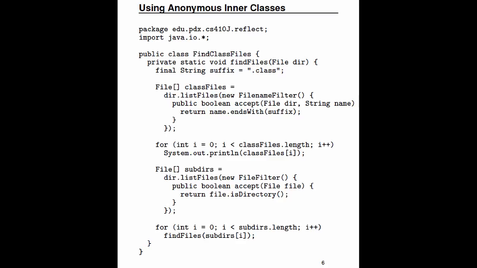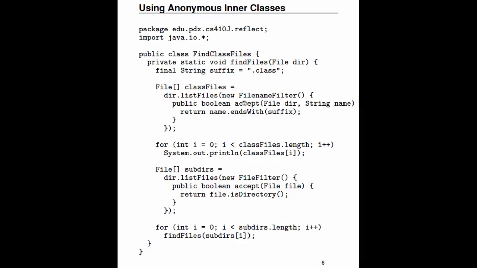So underneath the covers, that's how the suffix is passed in. It's assigned to a field in the anonymous inner class, and that's how the accept method is able to reference the value .class. Because it's final, we don't need to worry about it changing before the accept method is actually invoked. Anyway, you can read up on it on the internet. We can talk about it in class. It's kind of a neat thing.